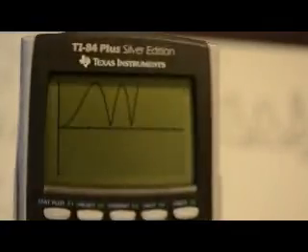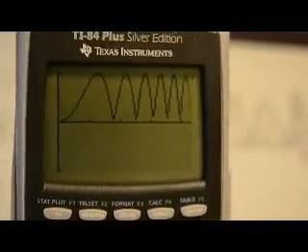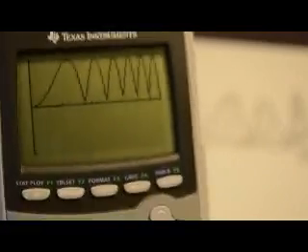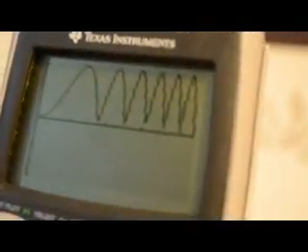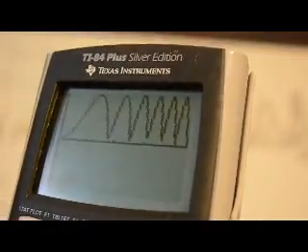Graph. Bam. See how it's all above the x-axis versus in the problem where it is above and below. This way, when we integrate it, the answer is not going to have any negative in it. It's always going to be positive.